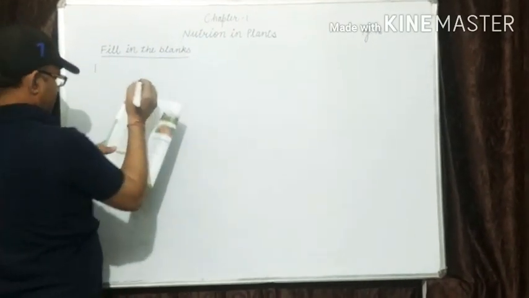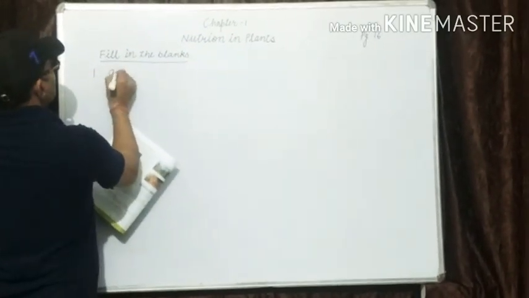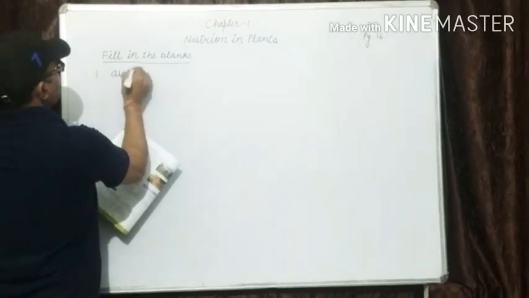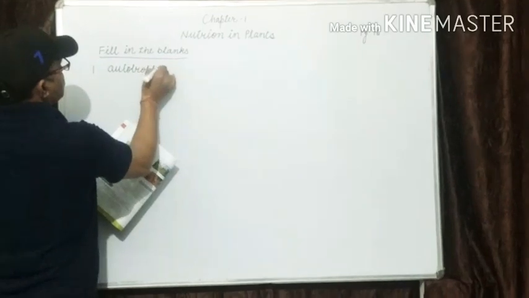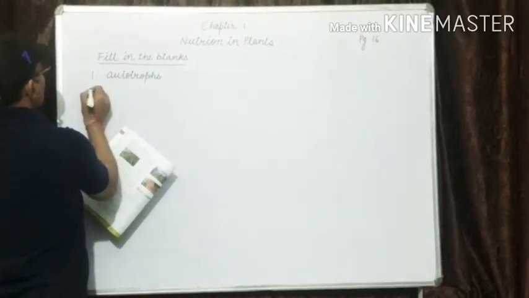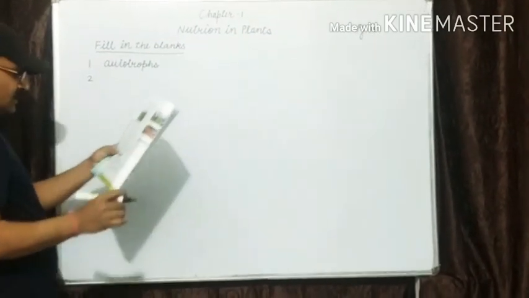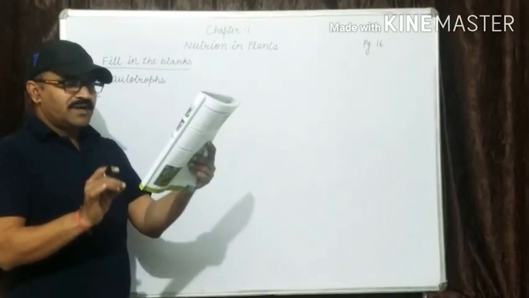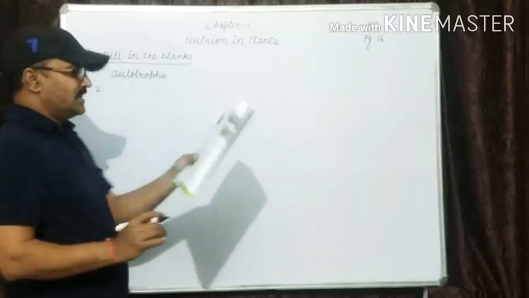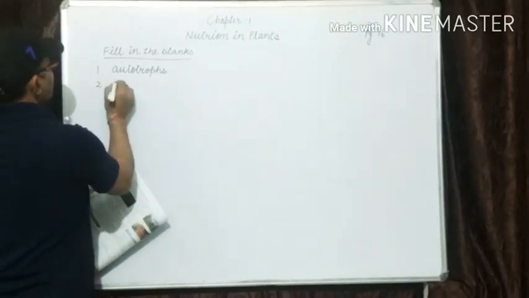First answer is autotrophs. Second, the opening and closing of stomata are controlled by dash cells. Answer is guard cells.